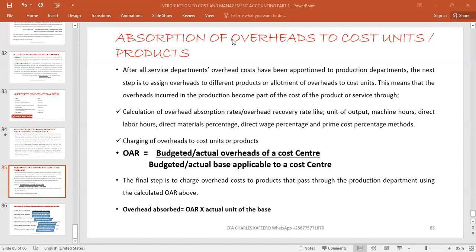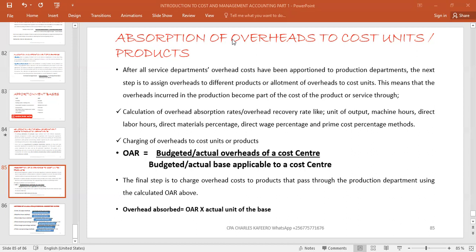The first step was to calculate the overhead absorption rate, and the last one is to charge the overhead to the cost unit or the products. How do we do that? We take the OAR we've got and multiply by the actual units of the base we've incurred in each department.